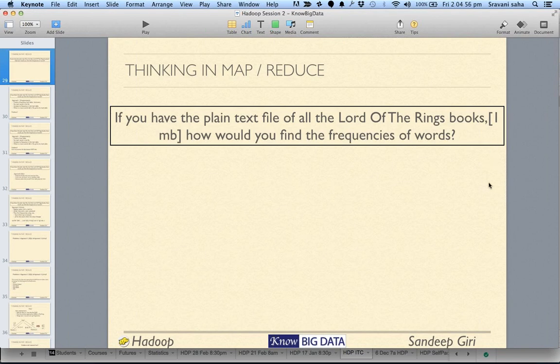Chaitra says that it is going to be a regexp count. Another suggestion: read line by line, split into words, and save it in a hash map.